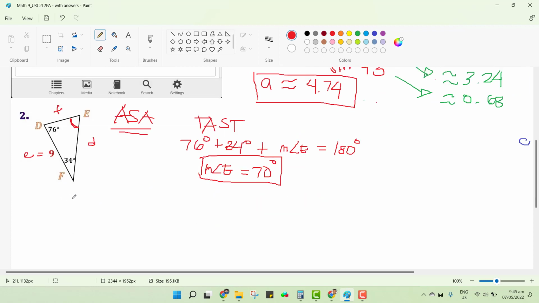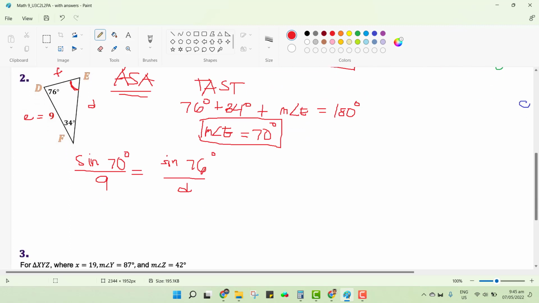So I will have here sine 70 degrees for this here, all over 9 is equal to sine 76 degrees all over D. Apply the fundamental law of proportion, you will have D times sine 70 degrees is equal to 9 times sine 76 degrees.